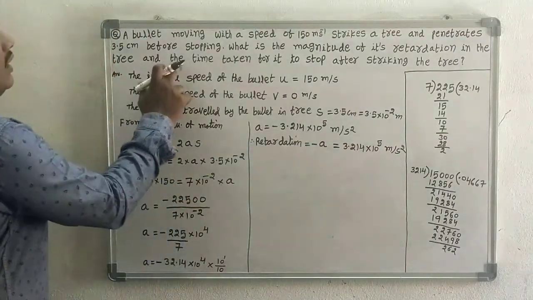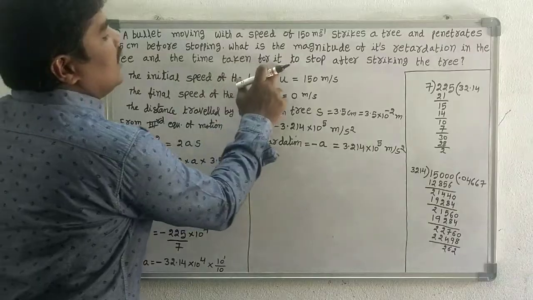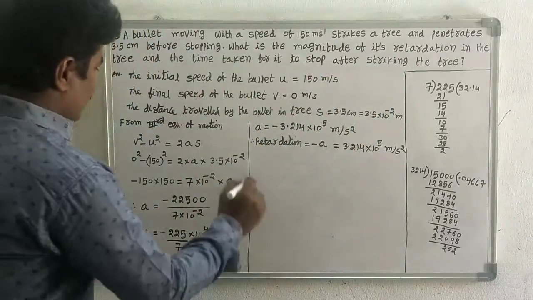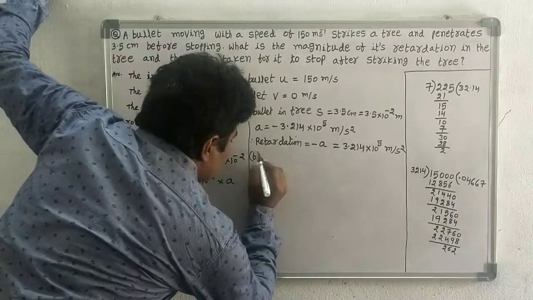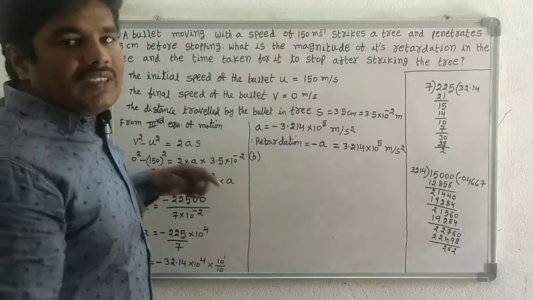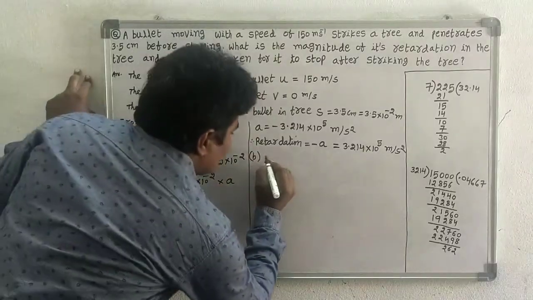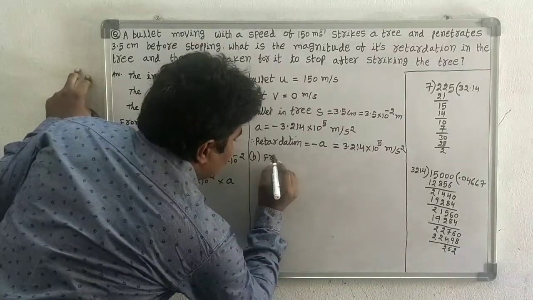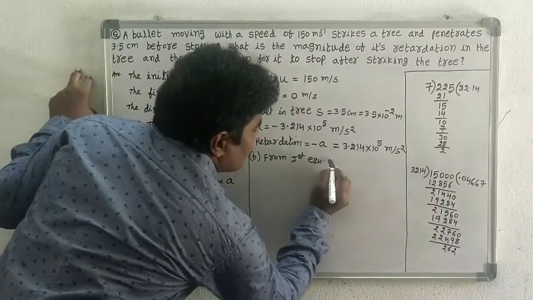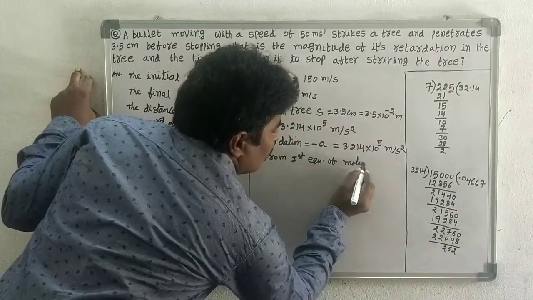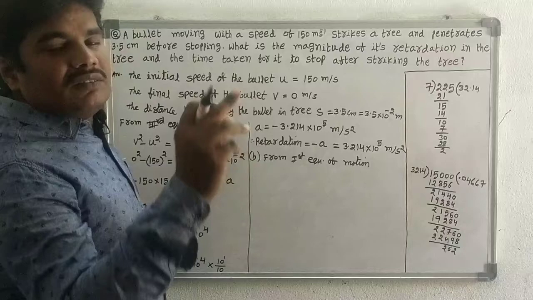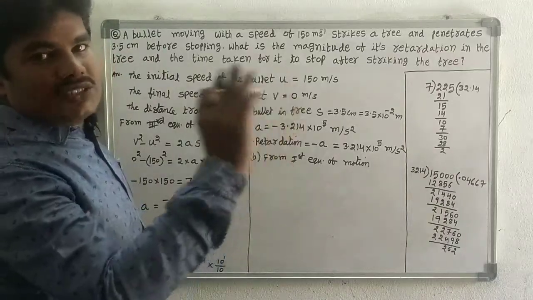Now we find the time taken for it to stop after striking the tree. To solve this problem, we take the first equation of motion. Why? Because in that equation velocity, time and acceleration are there.